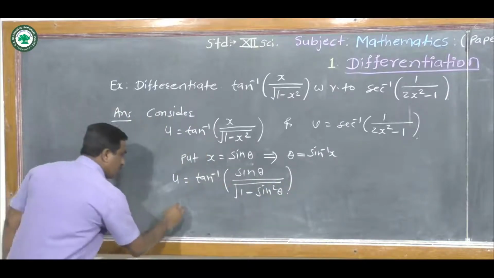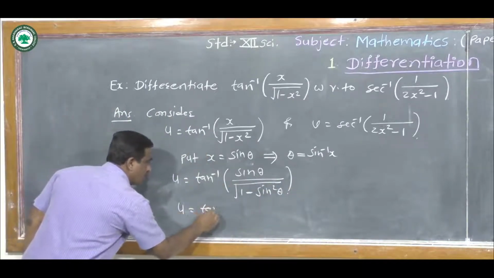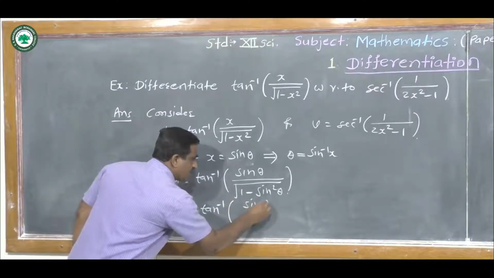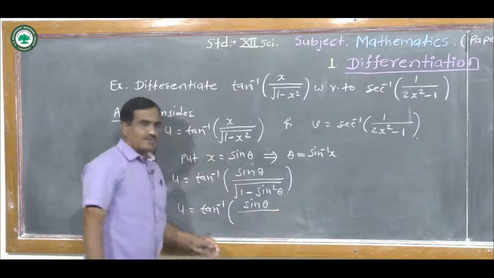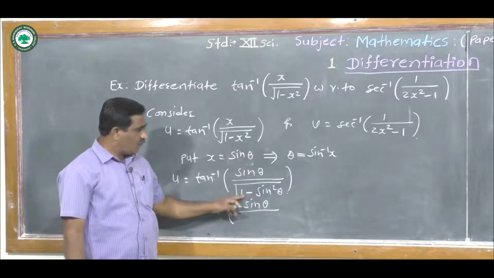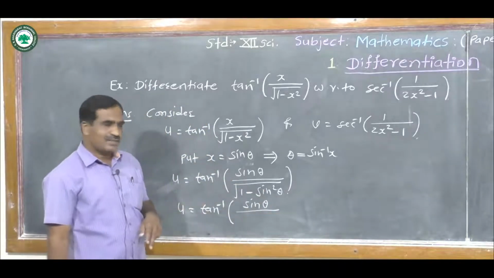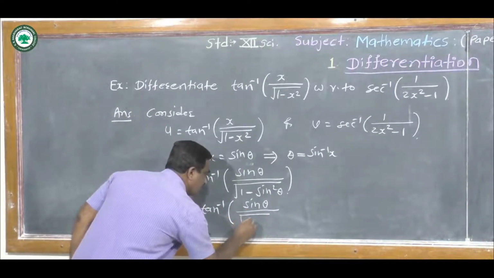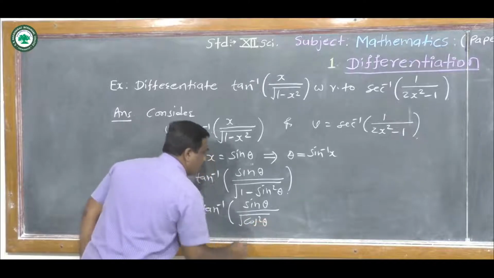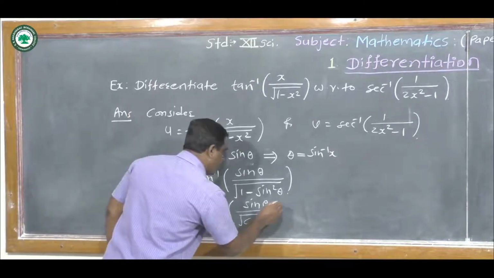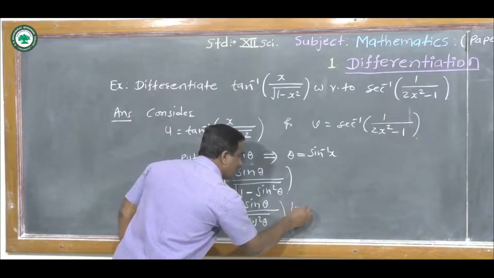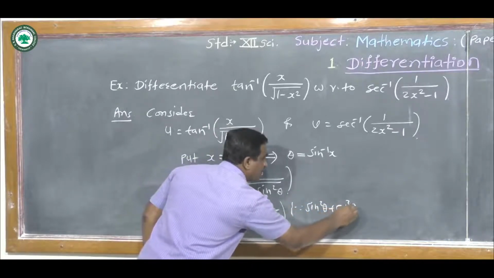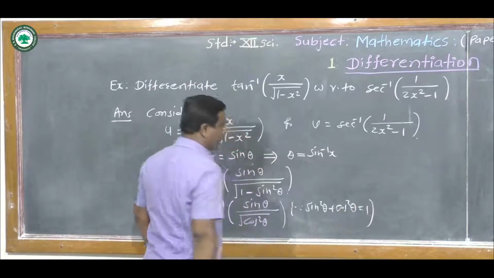That is, u is equal to tan inverse of sin theta as it is. Now by the first fundamental identity, 1 minus sin square theta is cos square theta, since sin square theta plus cos square theta is equal to 1.